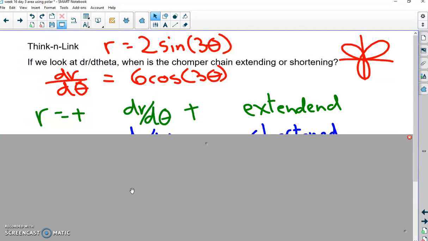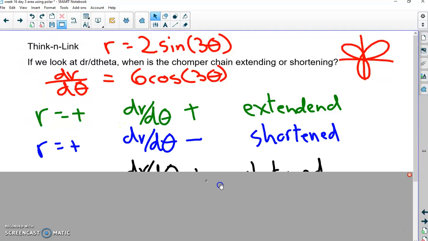I'm increasing my Chomper chain because why? dr/dθ is positive and what? And what's the radius? Look at my green. What's the radius? Positive. What's dr/dθ? Positive.